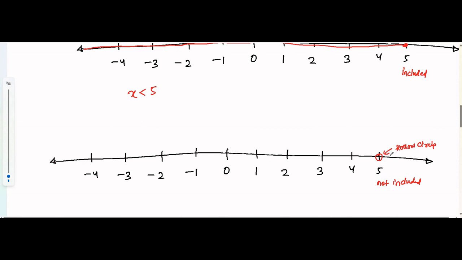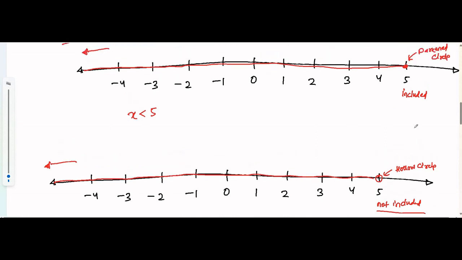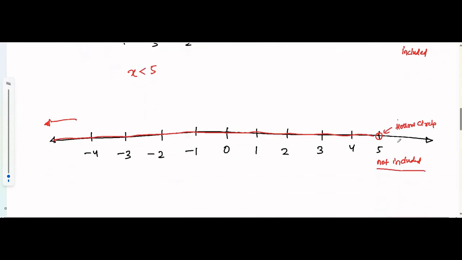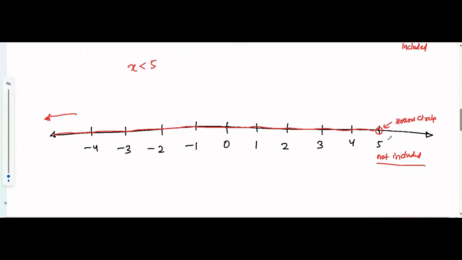And we'll again draw a solid line to indicate that all the points which are lesser than 5 are part of the solution, but 5 itself is not. That is highlighted by this hollow circle. That is the convention. When the circle is darkened, it is part of the solution. When it is hollow, it is not part of the solution.